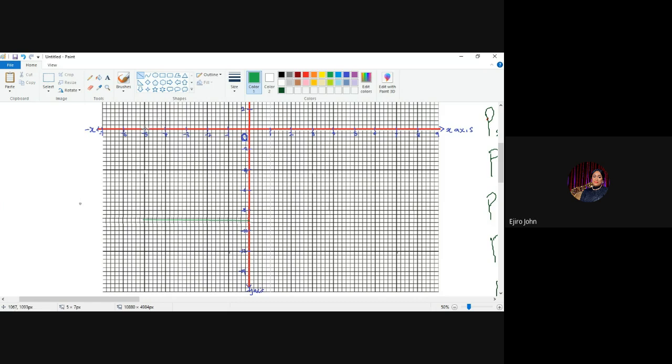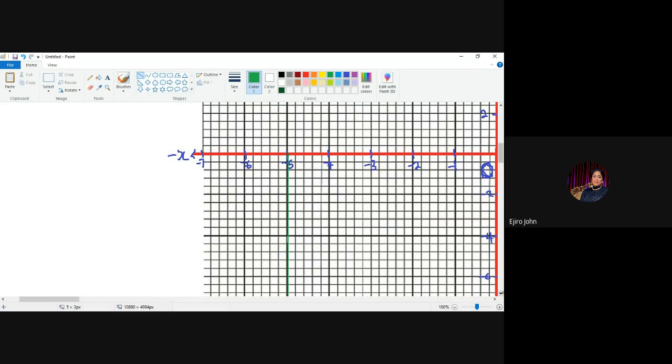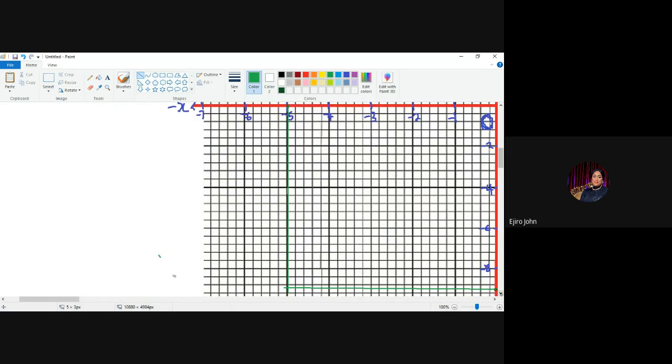So I'll locate -5 on the x-axis. Okay, good. So if you look closely, you will see the intersection of -5 and -9.